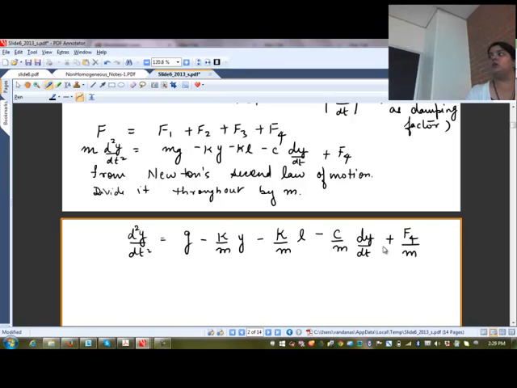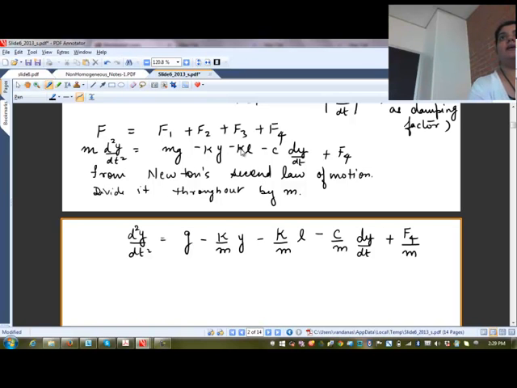Okay, so now we will rename these constants. But right now itself you can see, is there any term which is getting cancelled? What is g? What is the relationship between mg and kl?